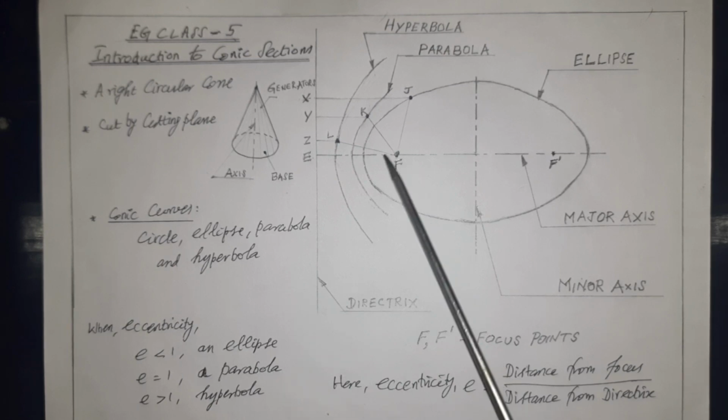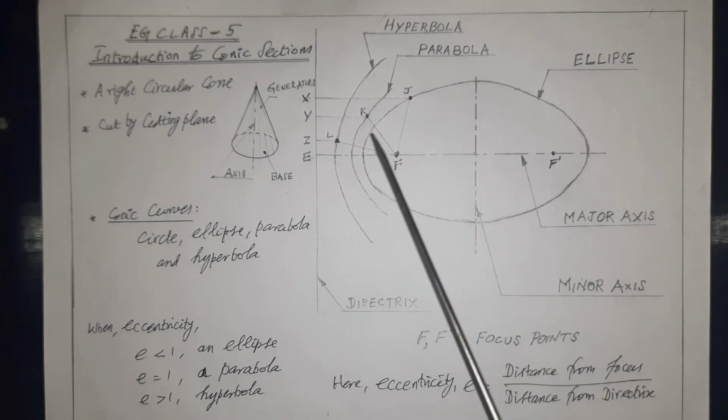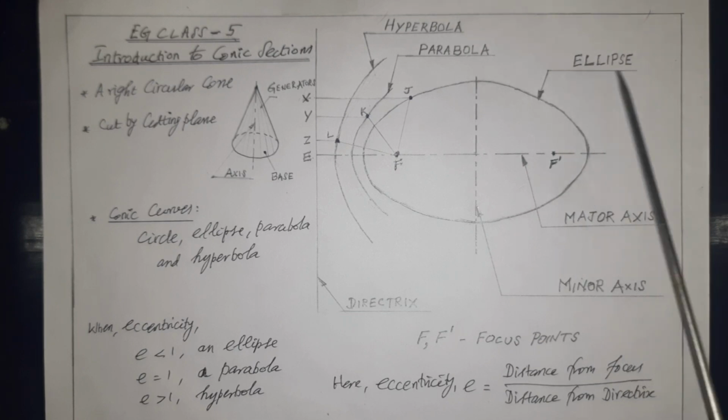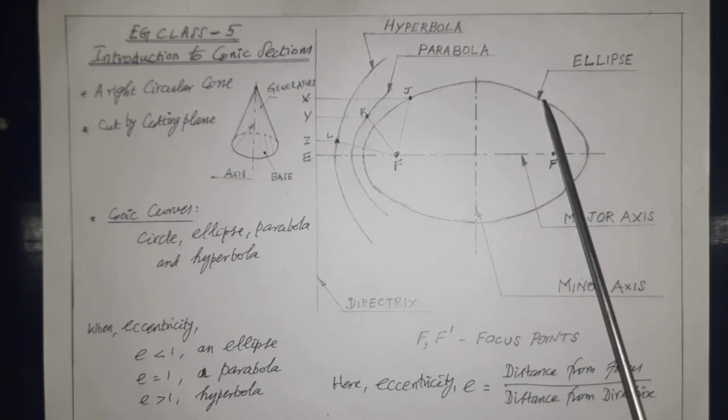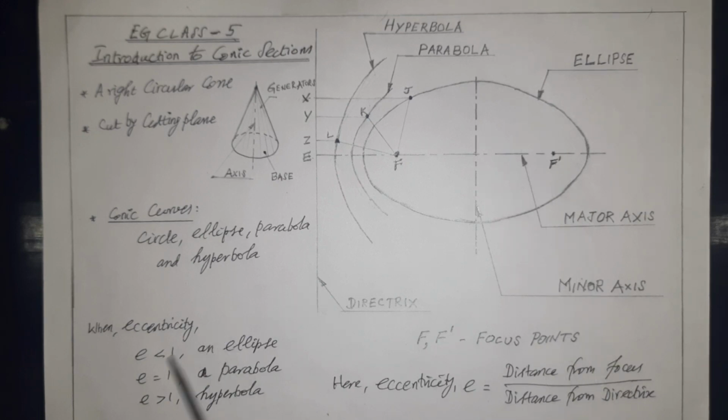Then the next curve, the third one, is the ellipse. Here, E is less than 1. When E is less than 1, it is an ellipse as shown here. The name is given as ellipse. This will be the ellipse when E is less than 1.